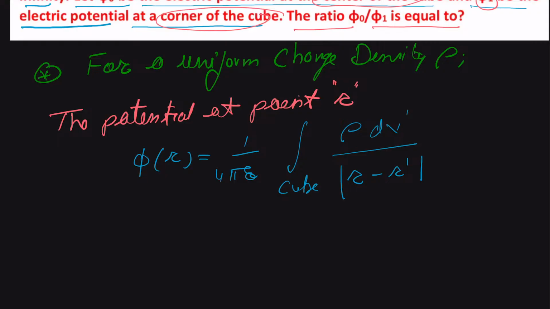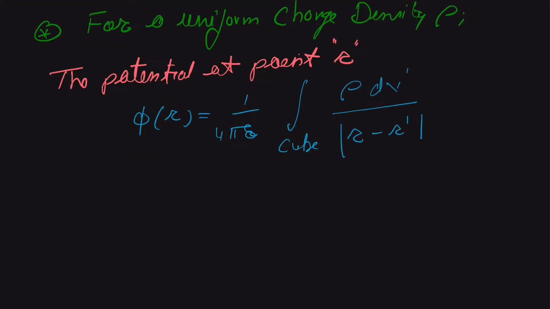And for this particular section of our integral, we can write this as rho L square.